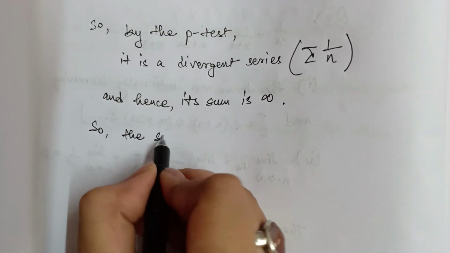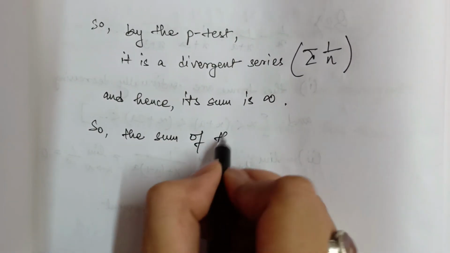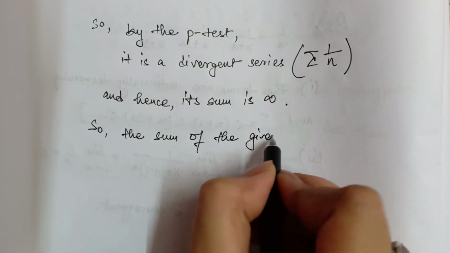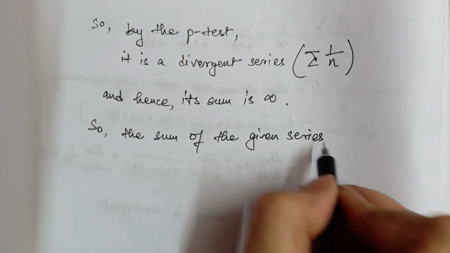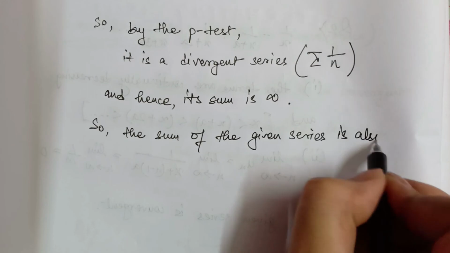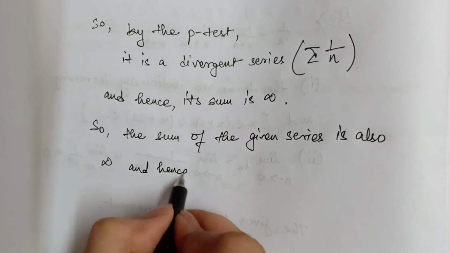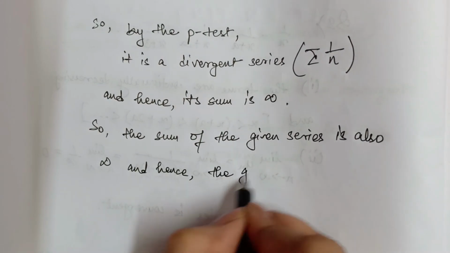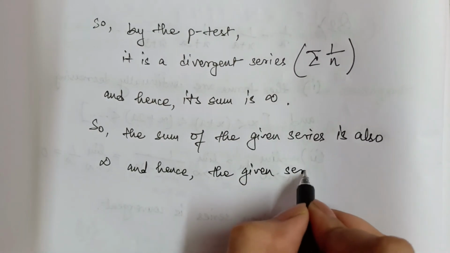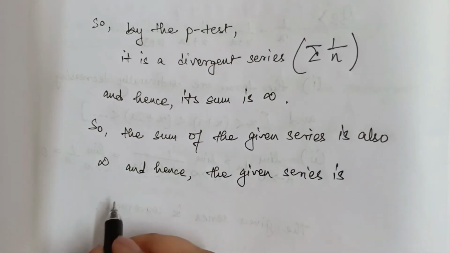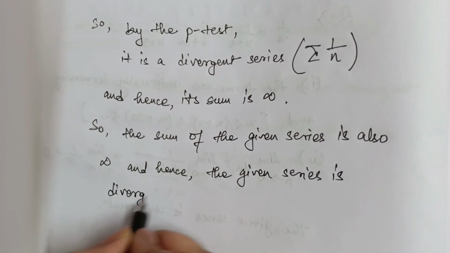So the sum of the given series is also infinite, and hence the given series is divergent.